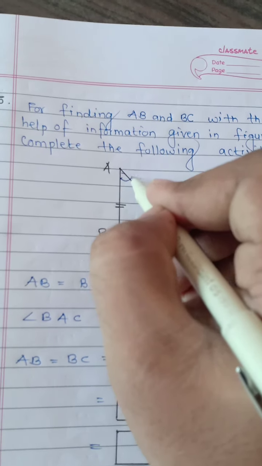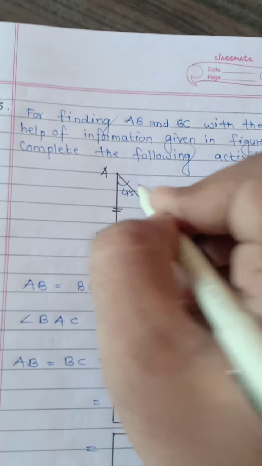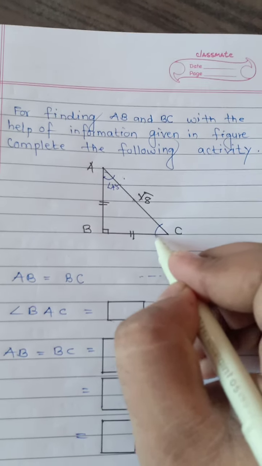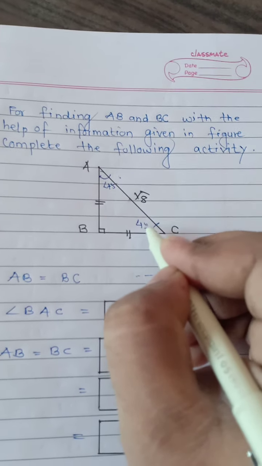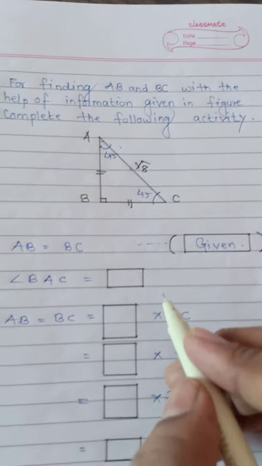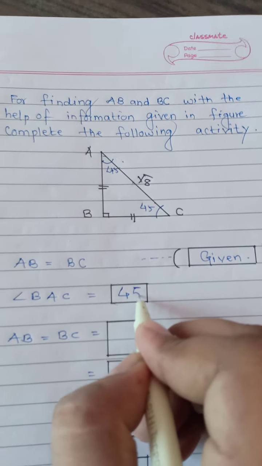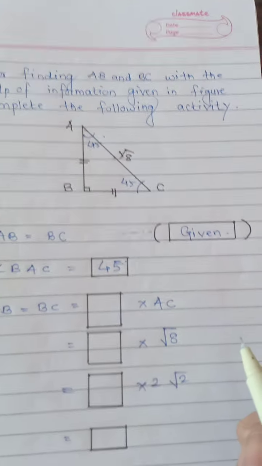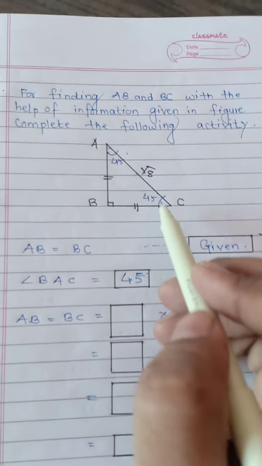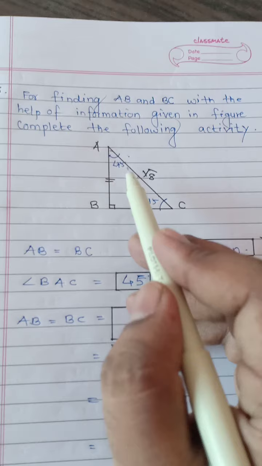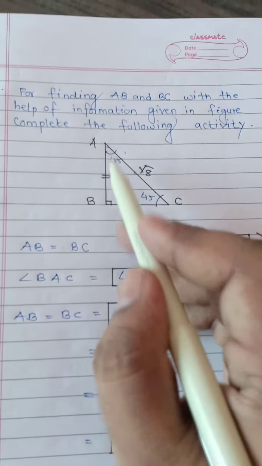This angle A is 45 degrees, angle C is also 45 degrees. So the value of BAC will be 45 degrees. Clear? So this triangle becomes a 45, 45, 90 triangle.